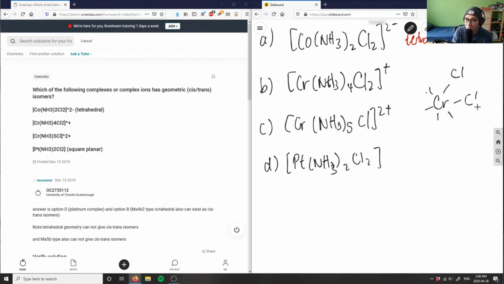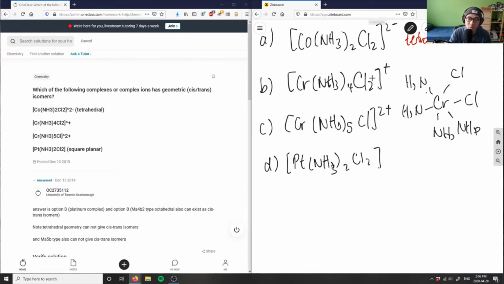So you have Cl, Cl, NH3, NH3, H3N, H3N. It's bonded to 6 different things, right? This is a great example of an octahedral group, so this is octahedral for B.